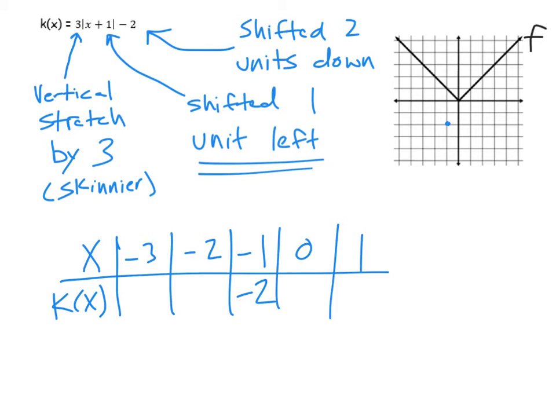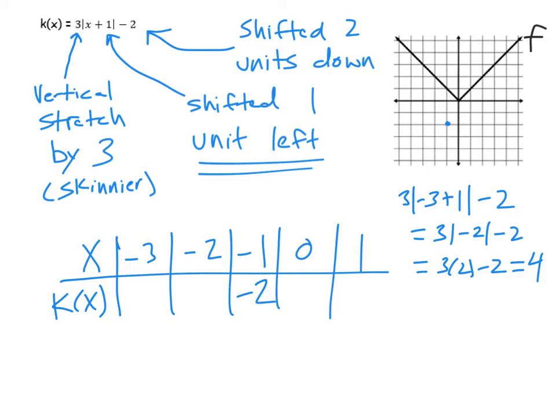Okay. Now just to show you one, I'm crunching some of the numbers here. We have 3. I have to take the absolute value of -3 plus 1, minus 2. There's 4.